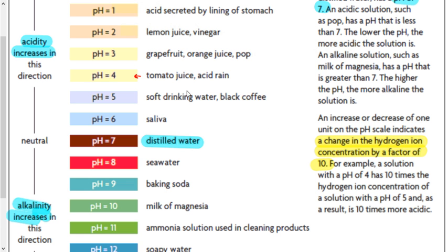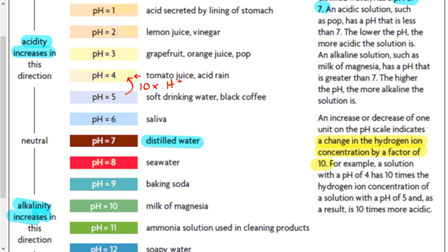So to go from here to there, we have 10 times the hydrogen ion concentration. Sometimes that's shown with an H with a little plus in the exponent. Well, let's look at an example.